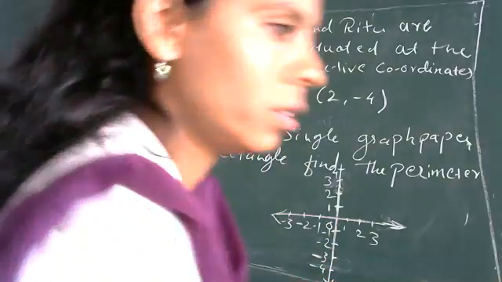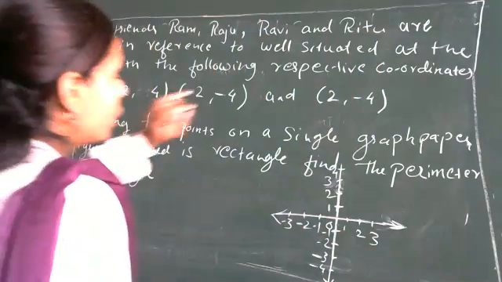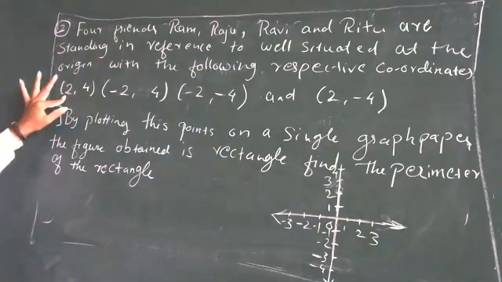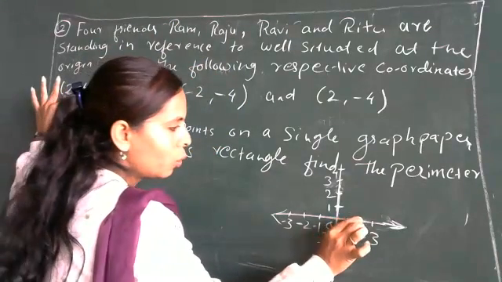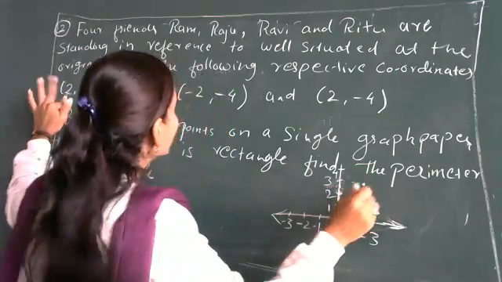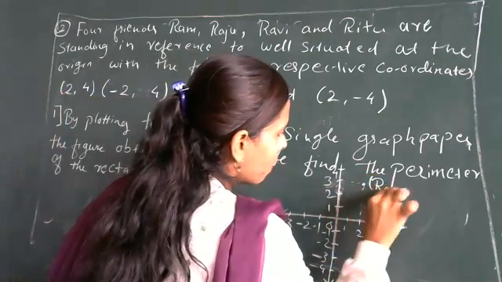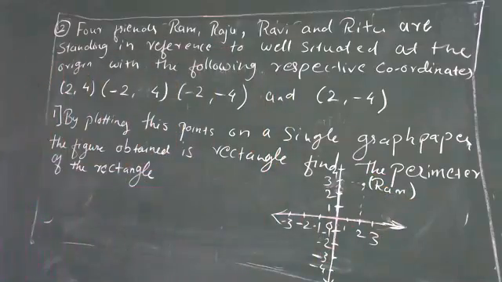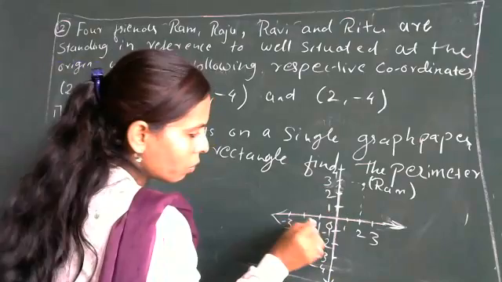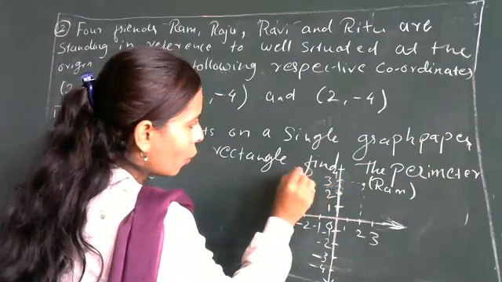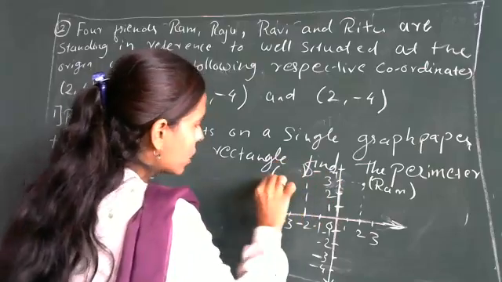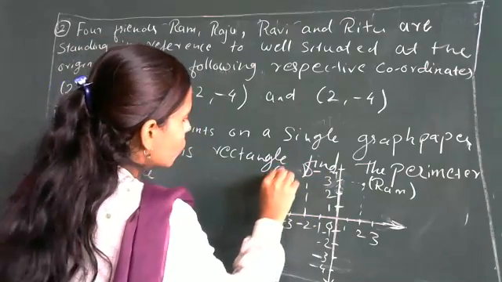Is it visible? Okay. Now we are having 4 friends. For the first, Ram, the coordinate is 2, 4, means x should be 2 and y should be 4. Then minus 2, 4: minus 2 on the x-axis, plus 4 on the y-axis. Here we have the second friend, that is Raju.